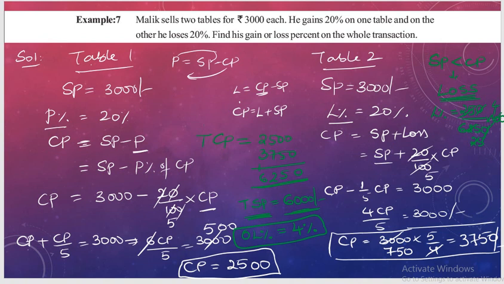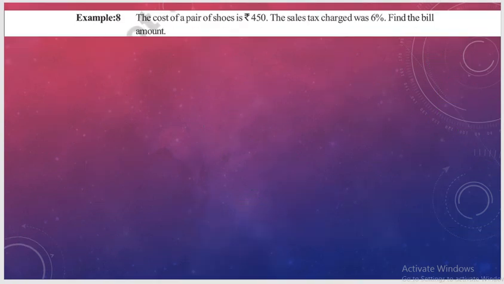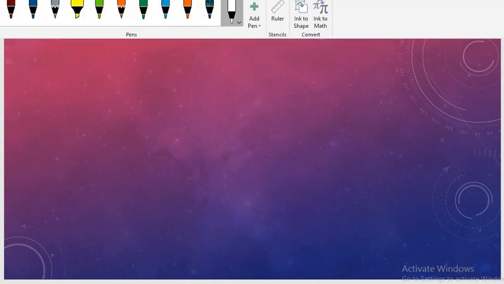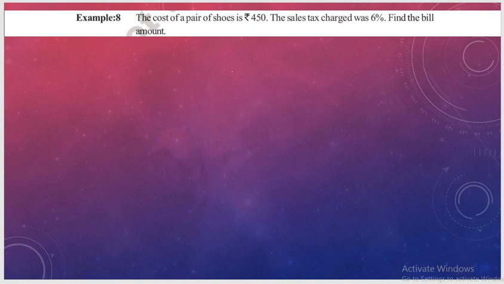Next, moving on to question number 8. So what is question number 8? The cost of a pair of shoes is 450 rupees. The sales tax charged was 6%. Find the bill amount. So what is the selling price? The selling price of the shoes is 450 rupees and there is a sales tax of 6%.